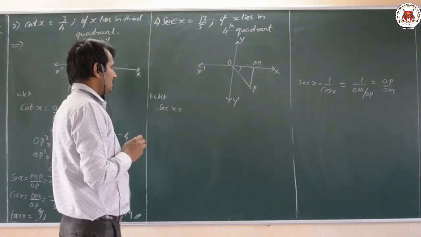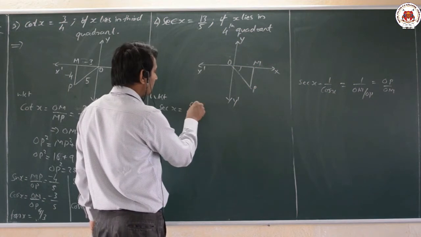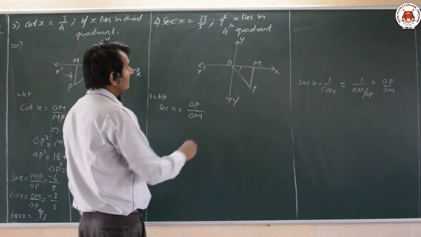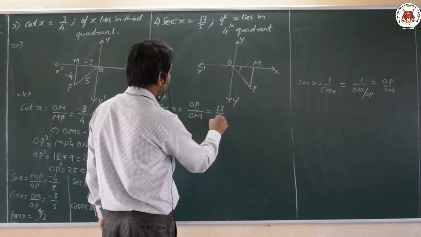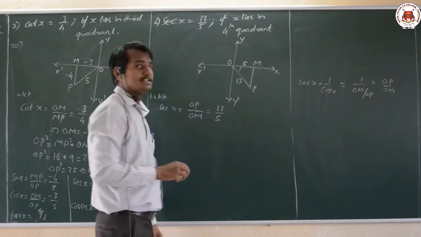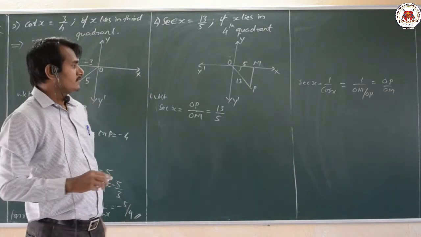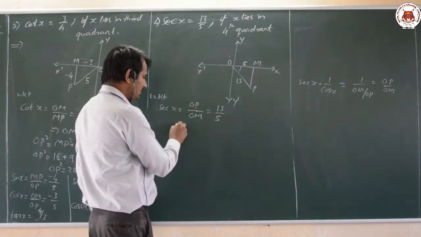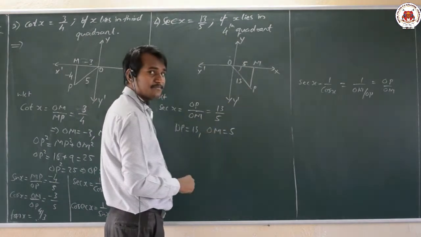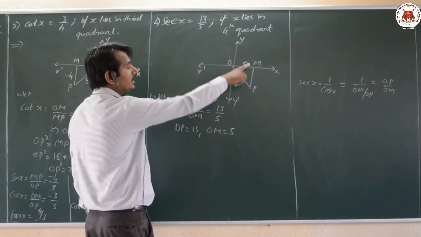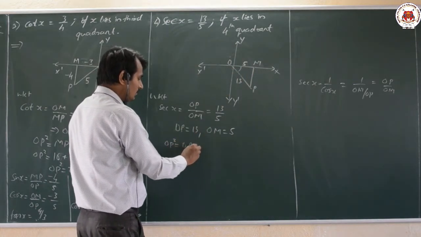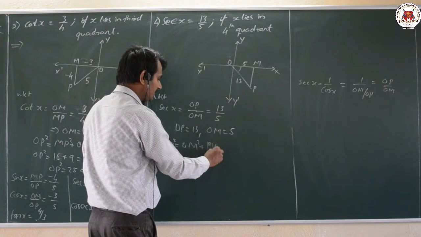Okay. Now let us observe here, secant x equal to OP divided by OM. Now what value he has given, that is nothing but 13 divided by 5. Now OP is equal to 13 and OM is equal to 5. Now we require to find MP. According to Pythagoras theorem, OP square is equal to OM square plus MP square.